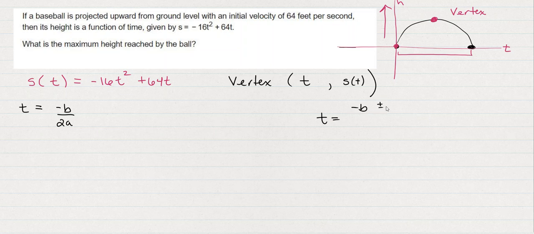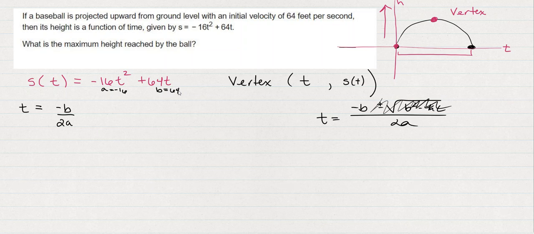Opposite of b plus or minus the square root of b squared minus 4ac all over 2a. That's just the quadratic formula, and if we get rid of the radical, we're left with this easy part of the formula, the opposite of b over 2a. And in our example, a is negative 16, b is 64. A is always the coefficient of the squared term.